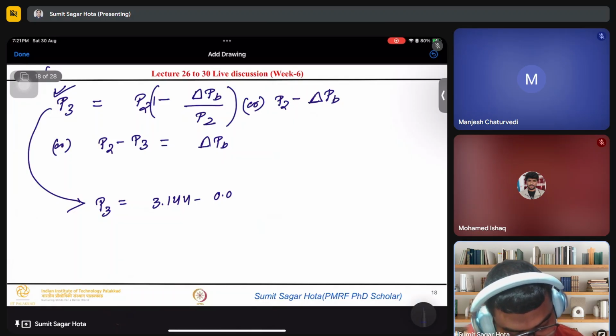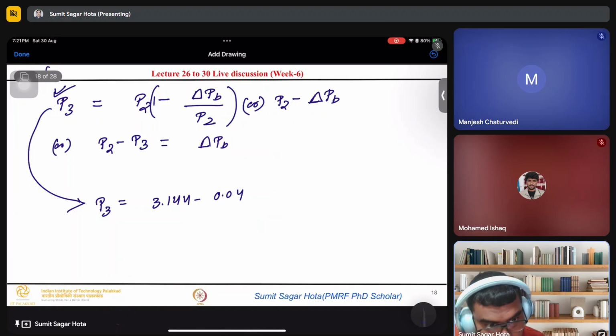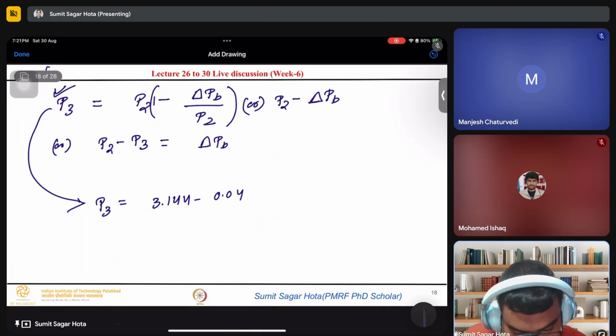So I can directly write 3.144 into 0.04.